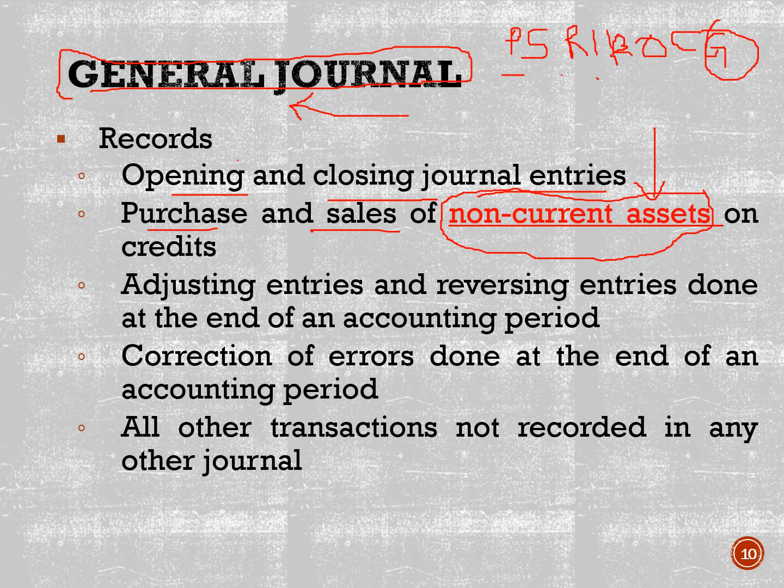Benda-benda yang kita akan pegang dalam jangka masa yang panjang. So, contohnya non-current asset, tanah for a land, kita tak akan pegang dia dalam masa yang sekejap, kita akan pegang dalam masa yang lama sebab harga tanah akan naik from time to time.